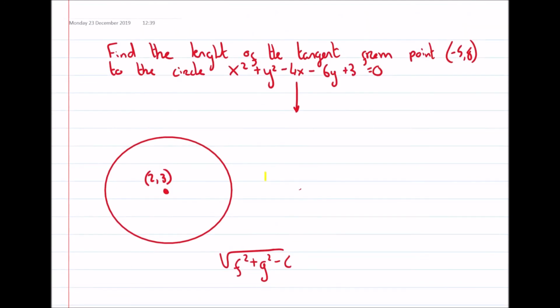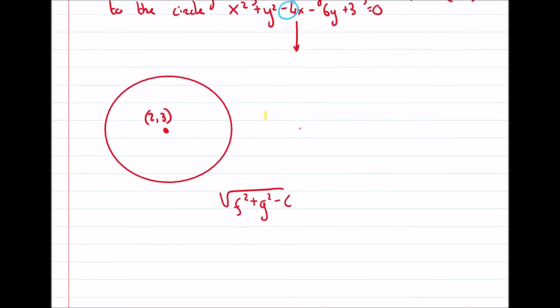Okay, so f is half of this, so that's minus 2. So minus 2 squared plus g, which is half of that, which is minus 3 squared, and c then is that, so that is minus 3.